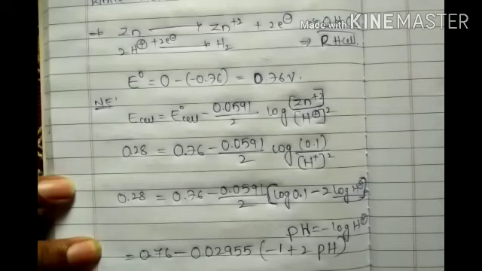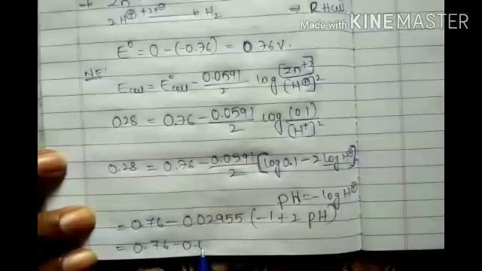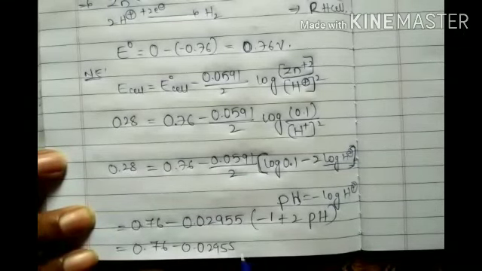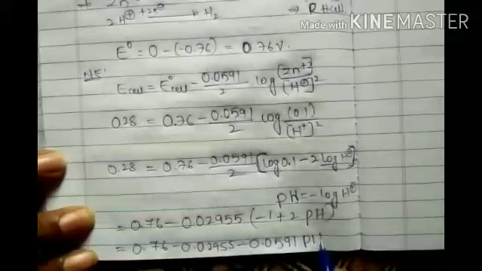Okay. Now let's go to the next step. 0.76 minus 0.02955 minus 0.0591 pH.